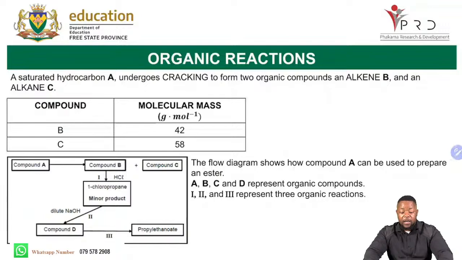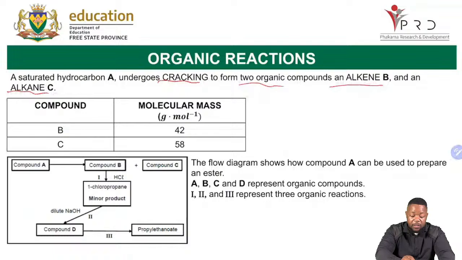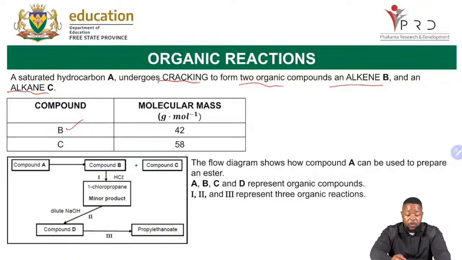Then we carry on now to organic reactions, long questions. We have a question here that says a saturated hydrocarbon A undergoes cracking to form 2 organic compounds, alkene B and alkane C. Now, the molar mass is given of these 2 substances, and we want to determine how many carbons each one has.